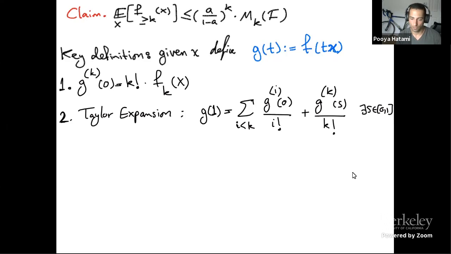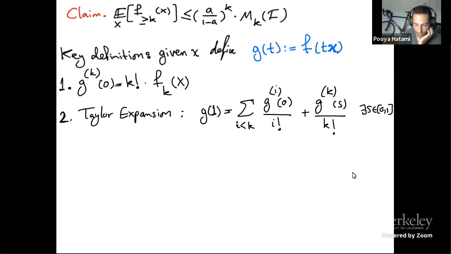So the first one is, if I take the kth derivative of g, you can look at the Fourier expansion of f at t x. So all of the monomials of degree less than k will disappear because they have t to some power less than k in them, right? Because we have t times x.